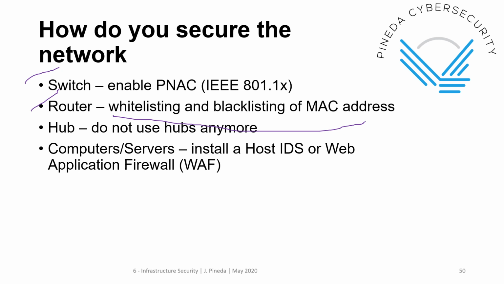There are many other types of configurations that you can do, like limiting the number of IP addresses that you can use in DHCP, etc. Third, for the hubs, do not use hubs anymore. This is not advisable because even in cost, comparing it with the switch, there is a very small price difference nowadays. And for computers and servers, it's advisable to install a host IDS or a WAF, aside from the common anti-malware applications.